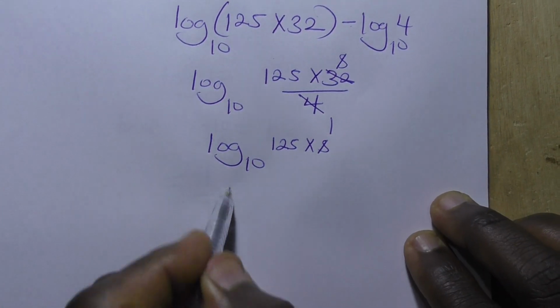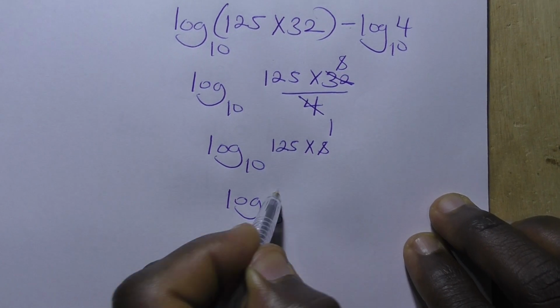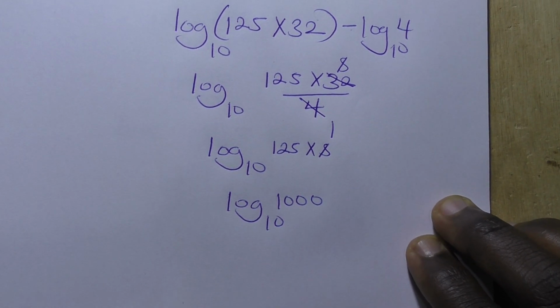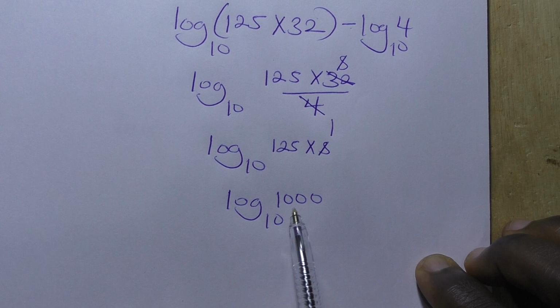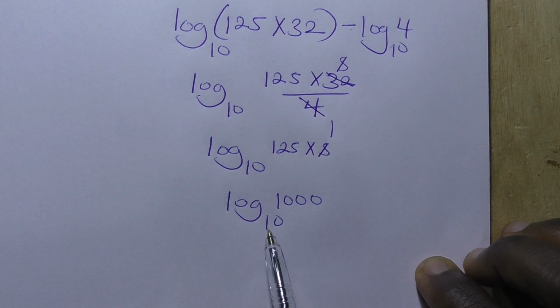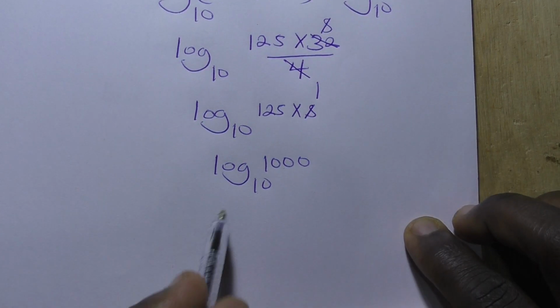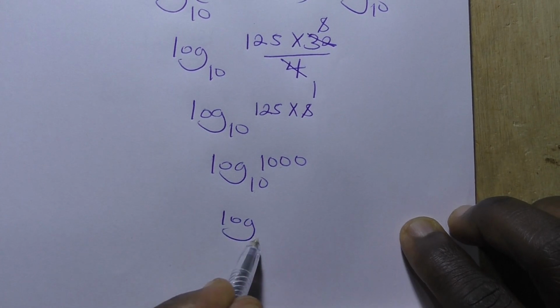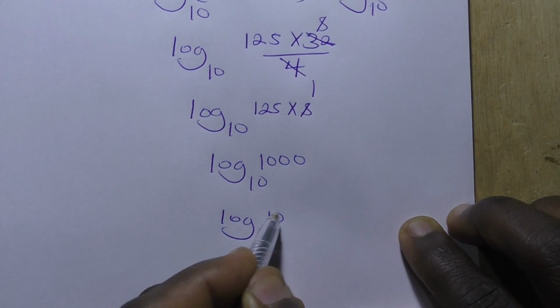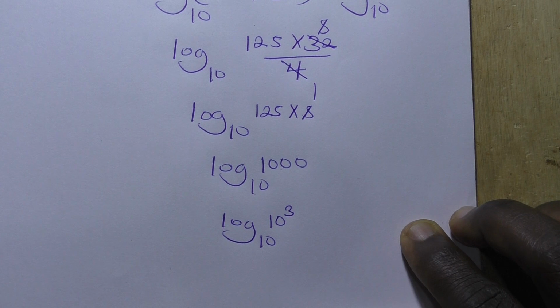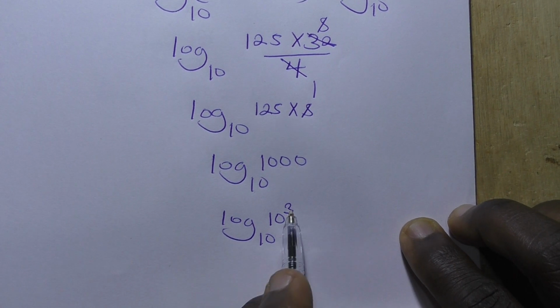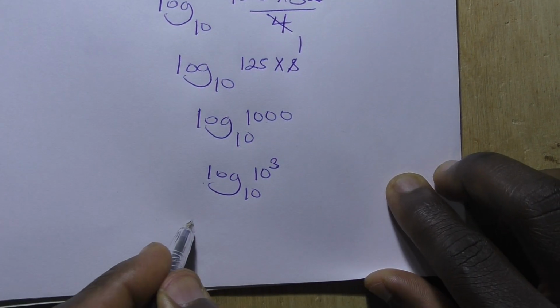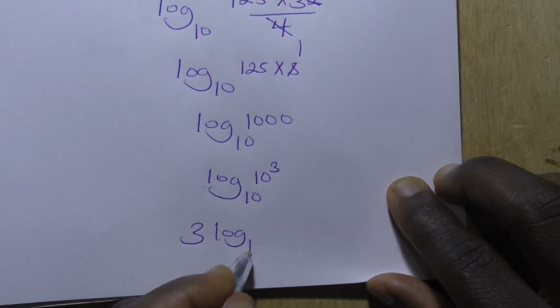Hence giving us log 10 1000. We can express 1000 in terms of 10, that is log 10 power 3. Hence the 3 goes down. We end up with 3 log 10.